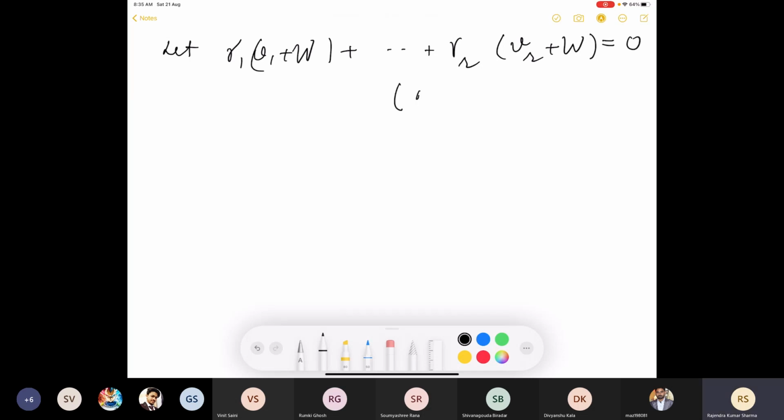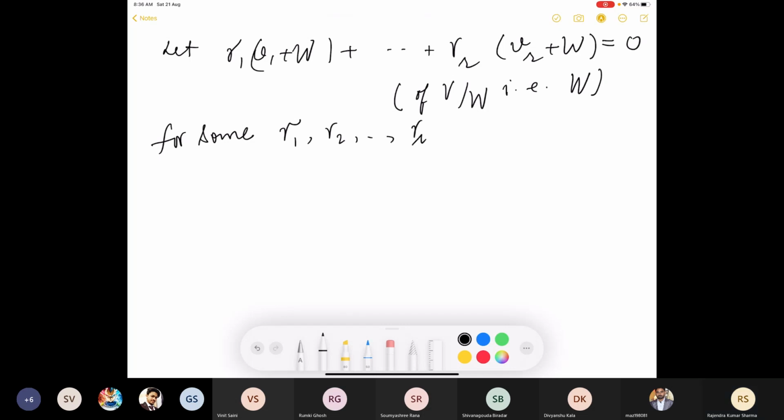Here, 0 means the 0 of V by W, that is W, where the coefficients gamma 1, gamma 2, ..., gamma r are from F. So what we want to see is whether these coefficients are 0 or not. Suppose this linear combination of cosets is 0. What does it mean?